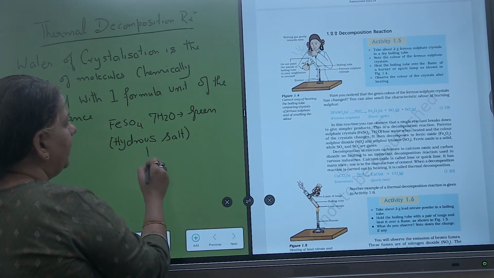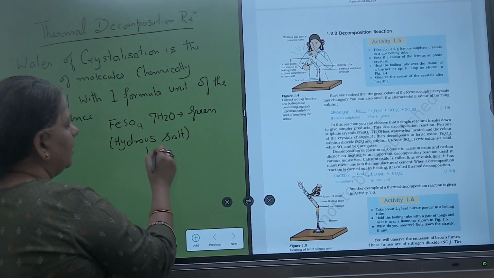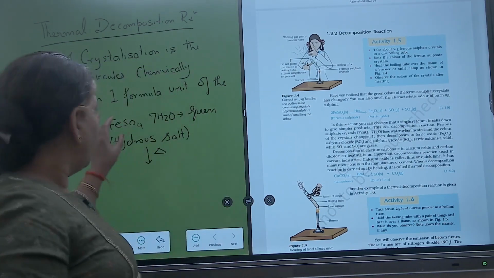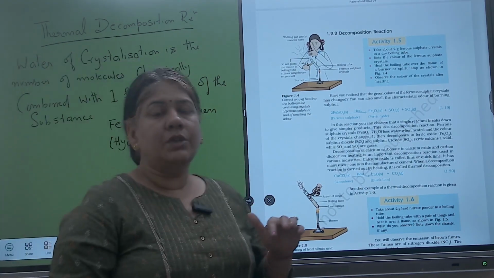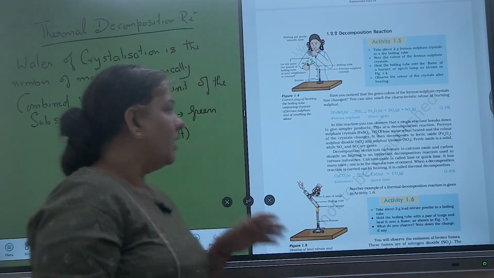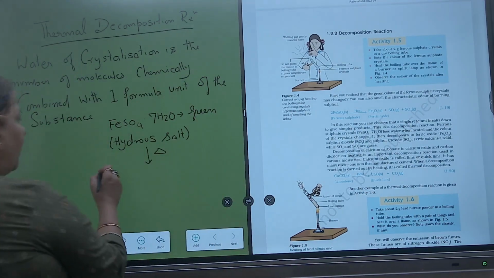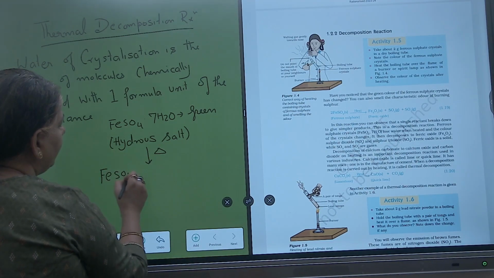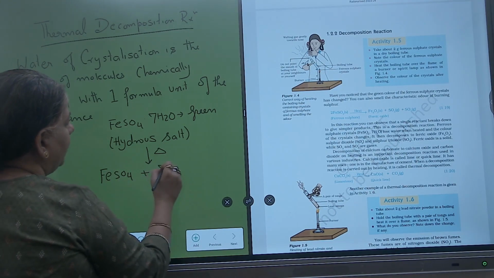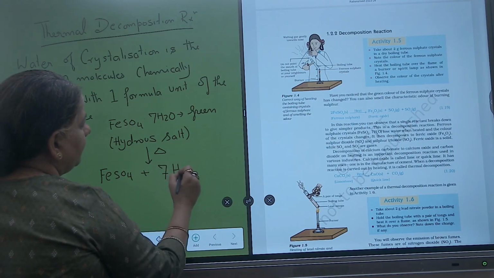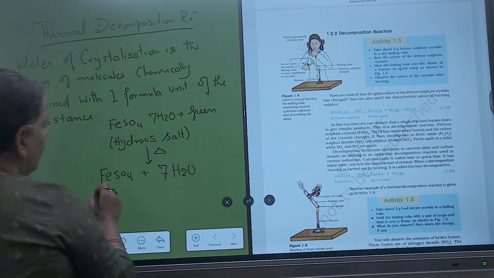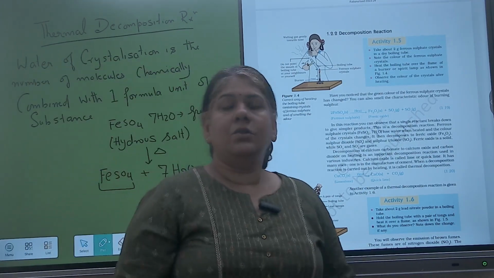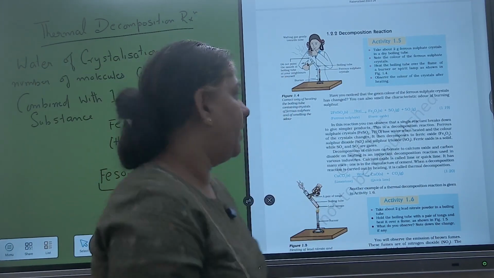When we start heating them, before decomposing, it will first lose its water of crystallization. So ferrous sulfate on heating will lose water of crystallization, and these 7 water molecules will be removed from the salt. Now this ferrous sulfate without 7 water molecules is called anhydrous ferrous sulfate.